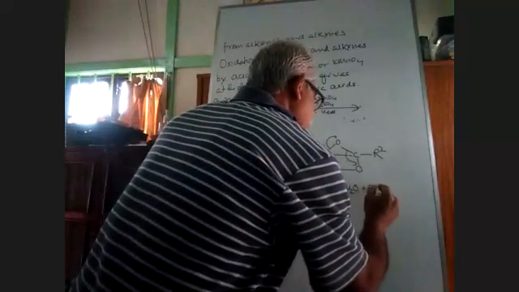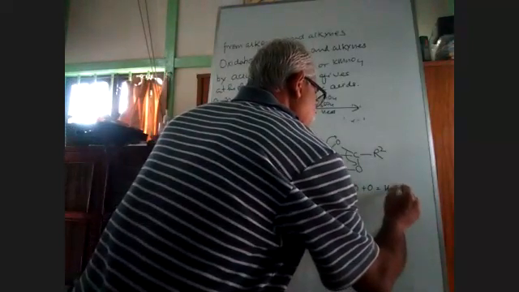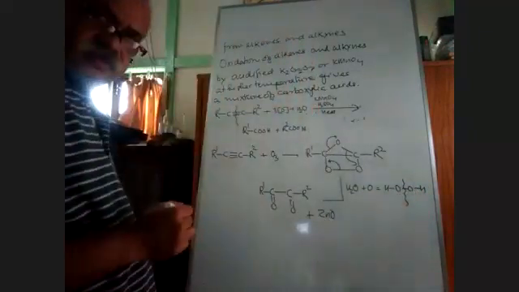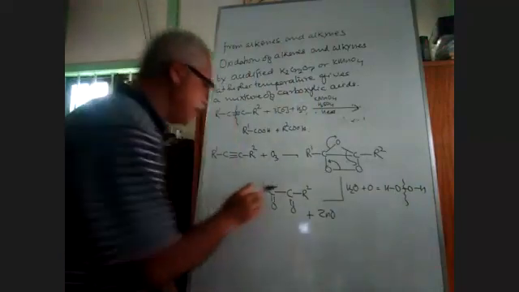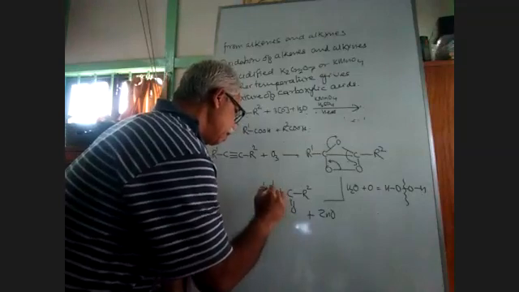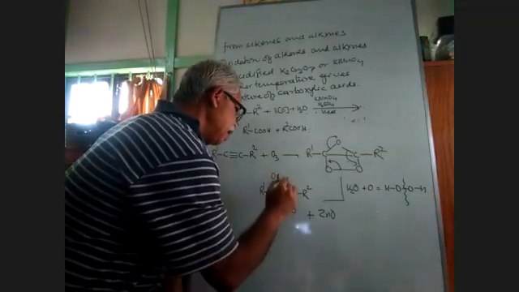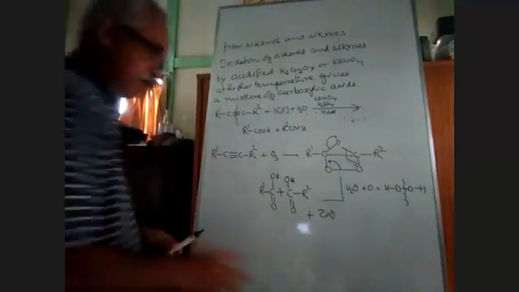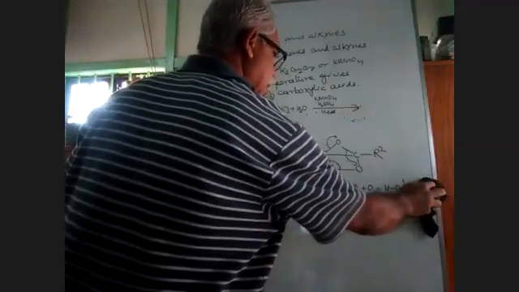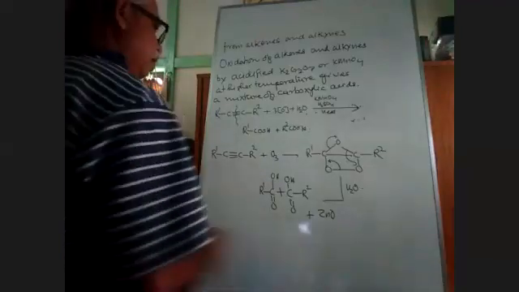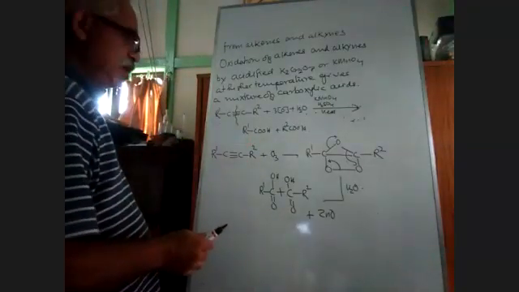See, I'll write here H2O plus O. What it becomes? It becomes this. Now if I break it, what do I get? 2OH. See here now. Look. One which comes here and one which comes here. Ozonolysis of the alkynes in absence of zinc will give you this.